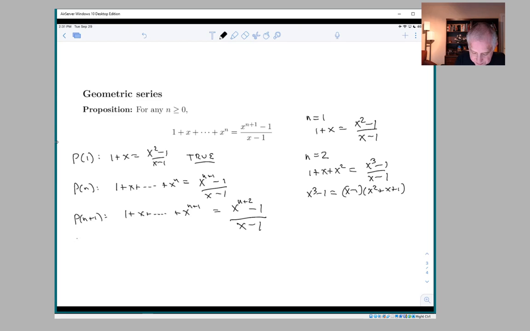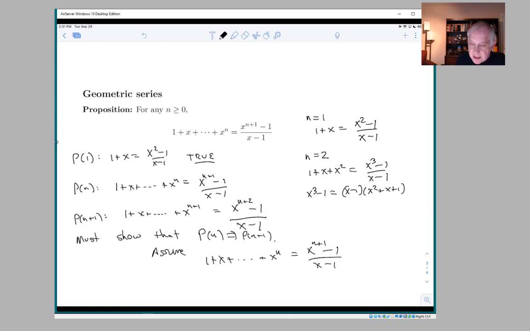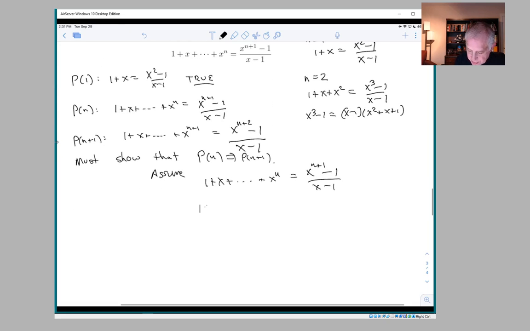And we want to show that P of n implies P of n plus 1. So we assume 1 plus ... plus x to the n is x to the n plus 1 minus 1 over x minus 1. We add x to the n plus 1 to both sides. Then we put the right-hand side over a common denominator.